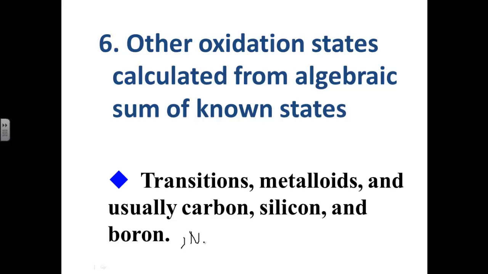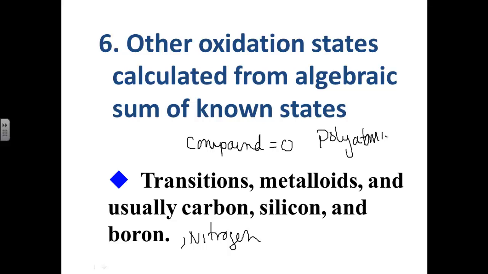Nitrogen also is a really common one that we kind of have to work backwards for, typically. And remember, if it's a compound, the entire thing has to equal 0. If it is a polyatomic ion, the entire thing has to equal its charge.